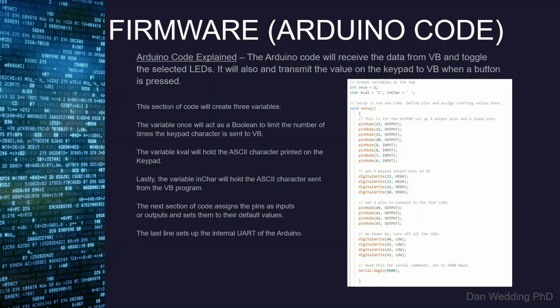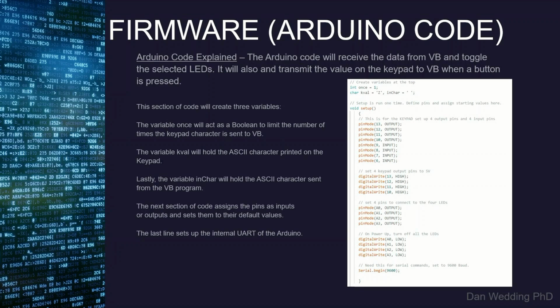The Arduino code will receive the data from VB and toggle the selected LEDs. It will also transmit the value on the keypad to VB when a button is pressed. This section of code will create 3 variables. The variable once will act as a boolean to limit the number of times the keypad character is sent to VB.